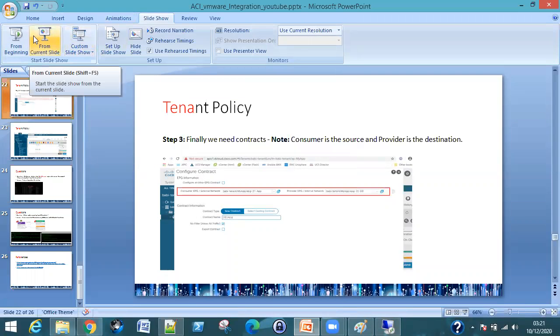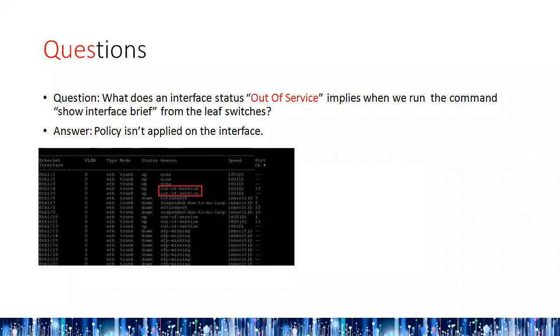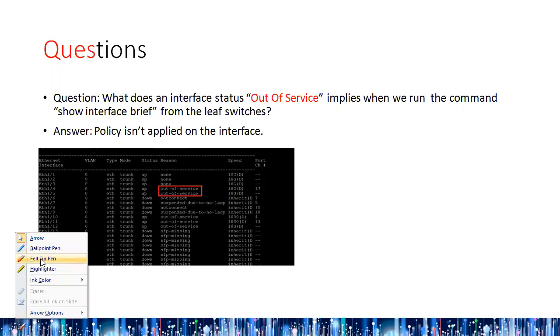Before we wrap up, I am going to pick up a couple of questions which guys have asked me over LinkedIn or contacted me about over the forums. Quick question: if you log in on the leaf switches, you will see lots of interfaces configured with the status of out of service.